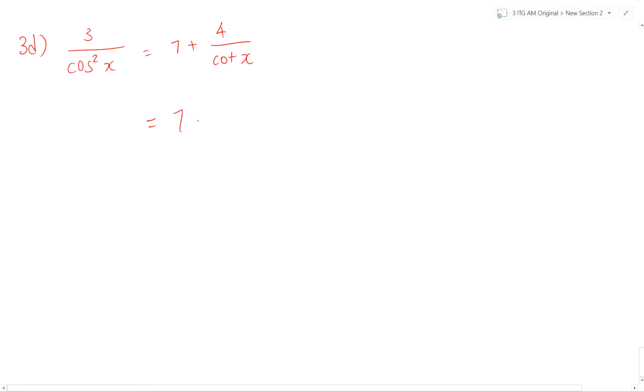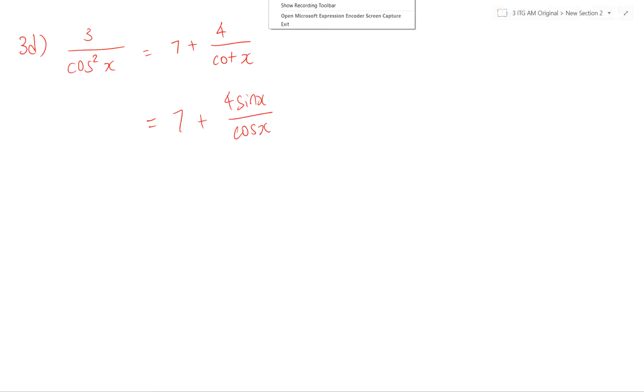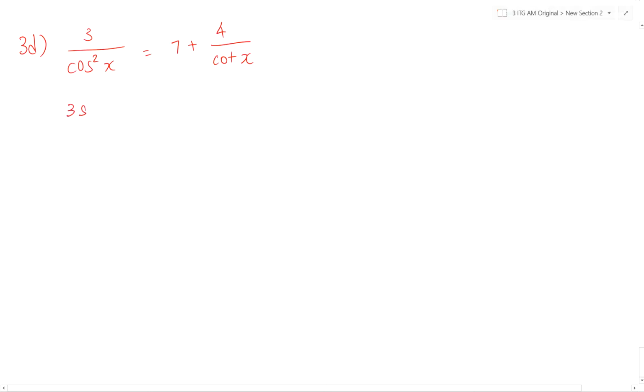Okay, so this is 7 plus 4 sine x over cosine x. Okay, what do we do from here? Any suggestions how we can tackle this? I'll give you all time to think. So now the plan is, let's change this to 3 secant square x.